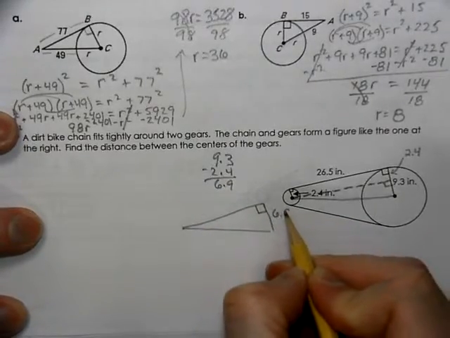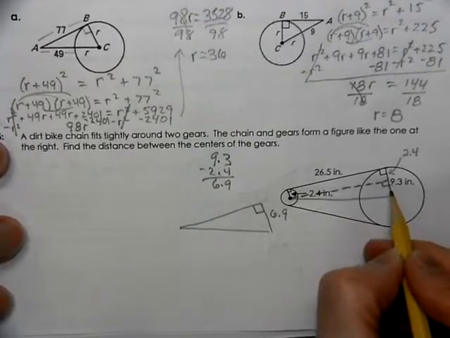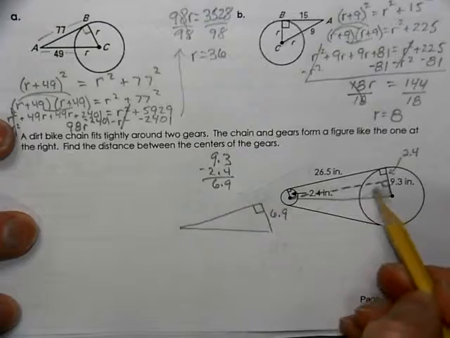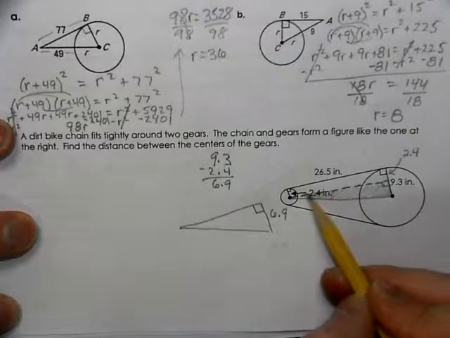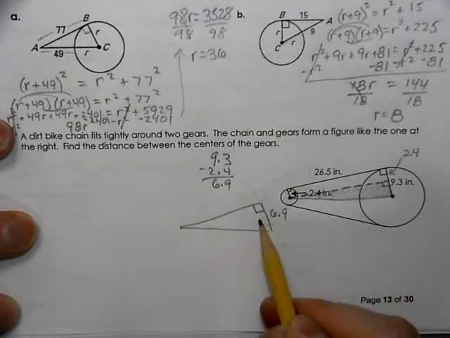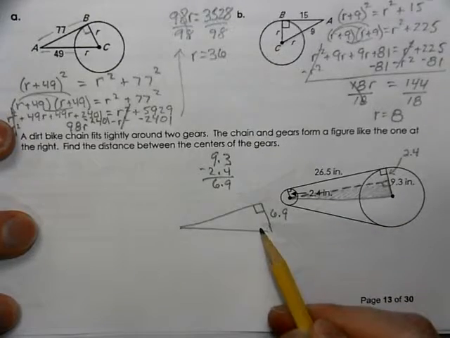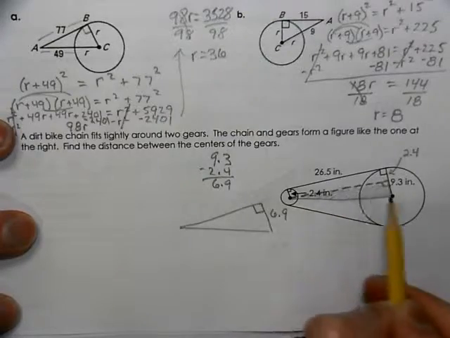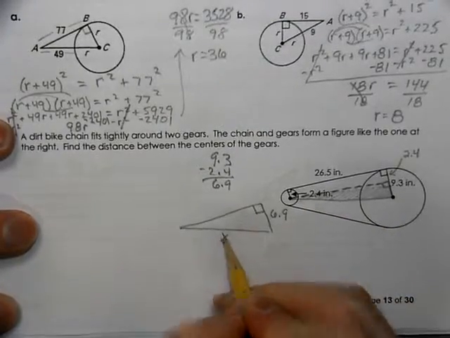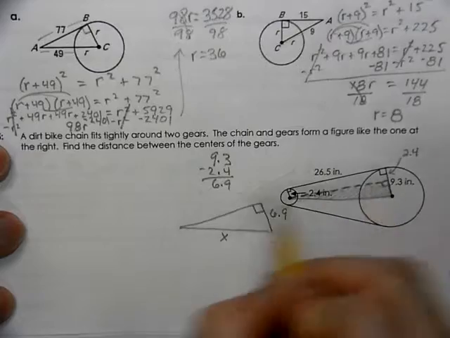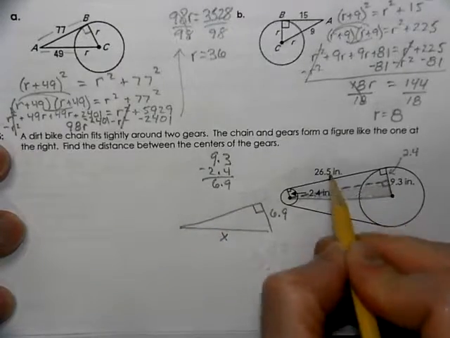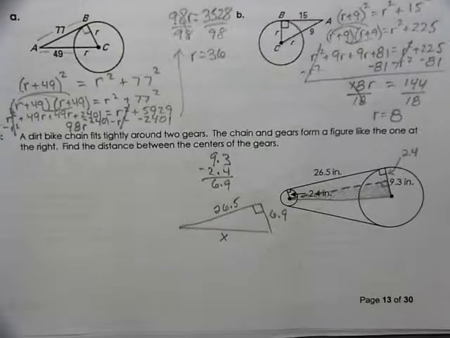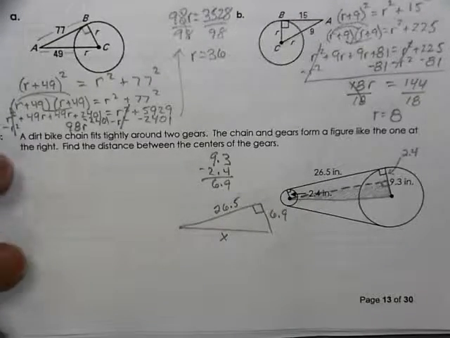So this is 6.9. This part of our triangle. We're looking at this triangle now. That's right here. So 6.9. This slanted part here is what we don't know what it is. That's our x, that's our hypotenuse. This length all the way down is the 26.5. So now we're just going to do Pythagorean Theorem to figure that out.